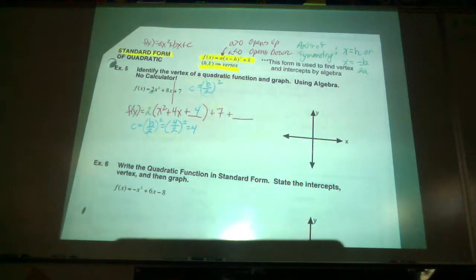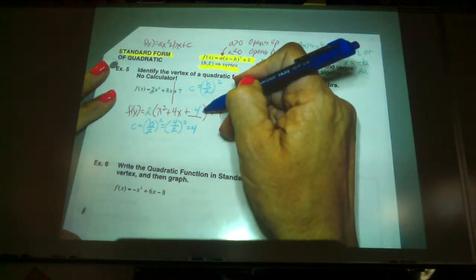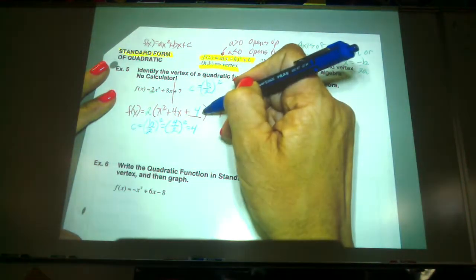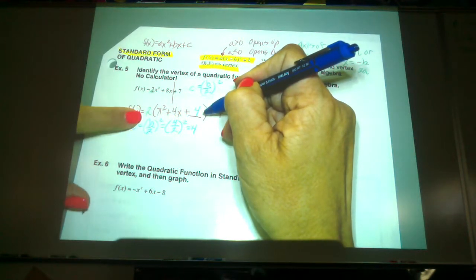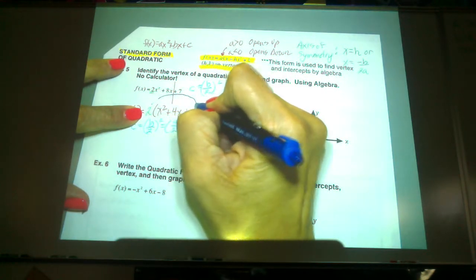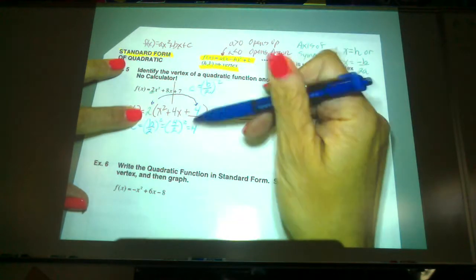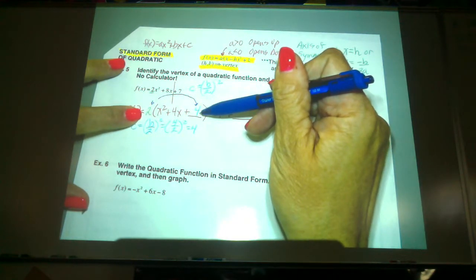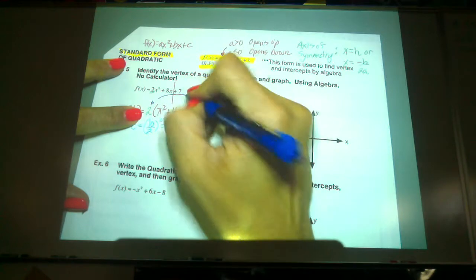However, if you recall from completing the square, this really isn't a value of 4 right here. I really didn't put a 4 here. What did I actually put here? If I were to redistribute that 2, what did I actually put here? You have to view this not as a 4, but you have to always multiply it to whatever is outside here. 2 times 4 is actually a positive 8.